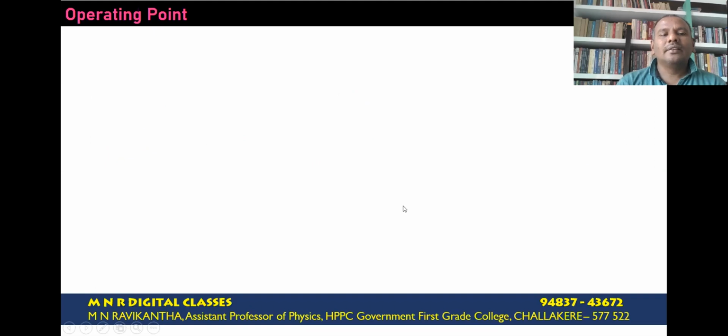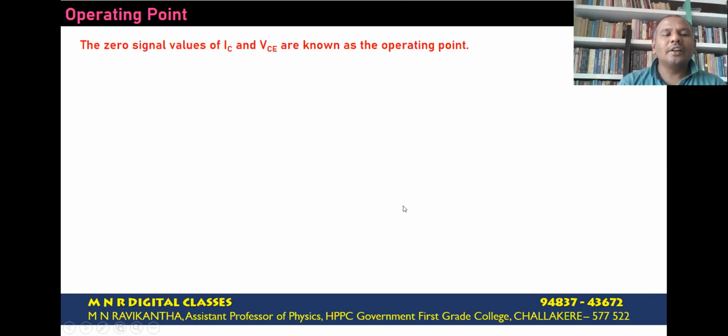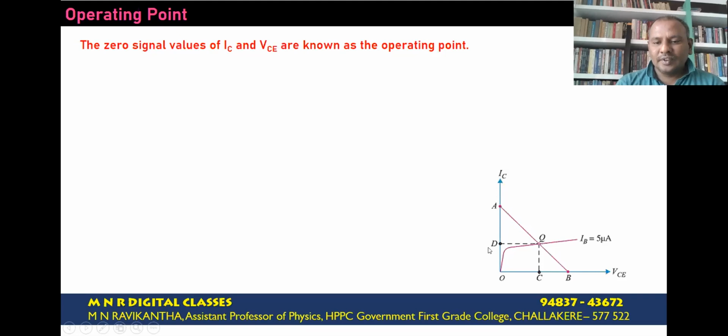Now let us define the term called operating point. Operating point is a point on the load line which corresponds to zero signal values of IC and VCE. If you consider the load line AB and the output characteristic curve, then the point at which these two intersect each other gives us the operating point.